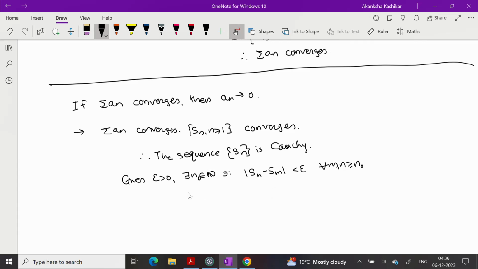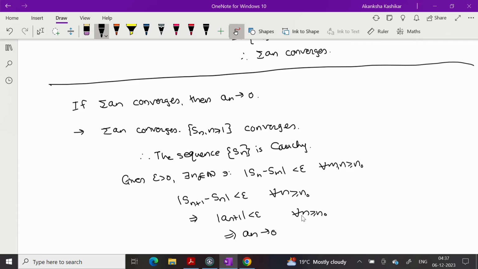In particular, I could take mod of Sn plus 1 minus Sn is less than epsilon for every n greater than or equal to n naught. Okay, because m is n plus 1, and this is the same as saying mod of an plus 1 is less than epsilon for every n greater than or equal to n naught, and this is equivalent to saying an converges to 0, because given epsilon greater than 0, we have found n naught such that mod of an minus 0 is less than epsilon for every n greater than or equal to n naught.